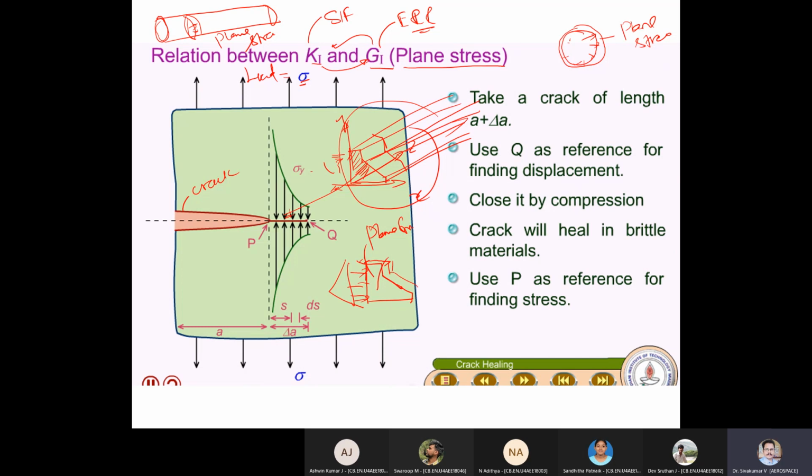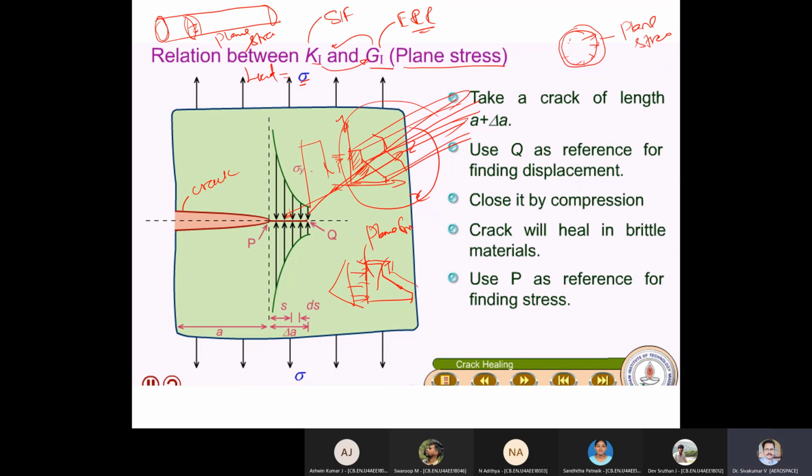But the structure is uniform, maybe a kilometer, and the water also exerts the same pressure. Then you need not take the entire 1 kilometer structure as 3D and analyze it to find the solution. Not necessary. That is where we simplify from 3D solutions to 2D solutions with the appropriate boundary conditions. That conversion comes under the plane strain approach.